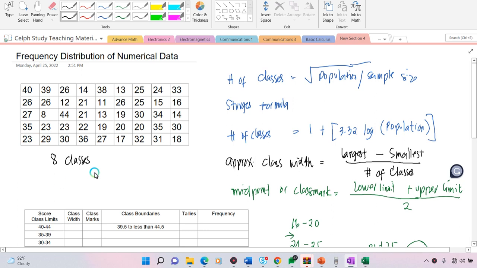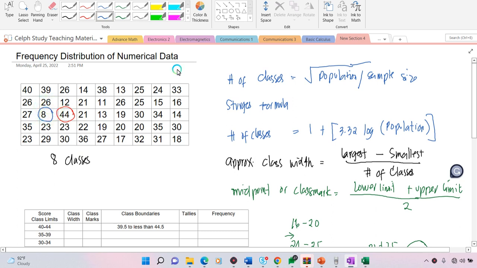But we still need to compute the approximate class width. Take note, for the approximate class width we have a formula: largest minus the smallest, divided by the number of classes. So we look at our highest value, which is 44. The lowest value tabulated here is 8.